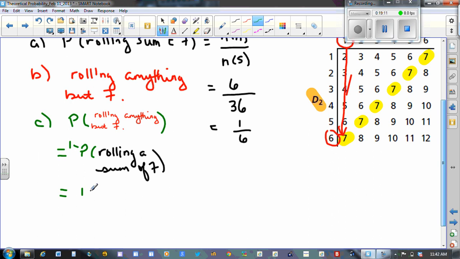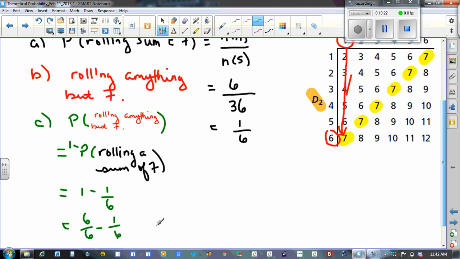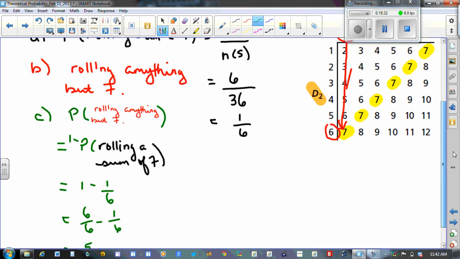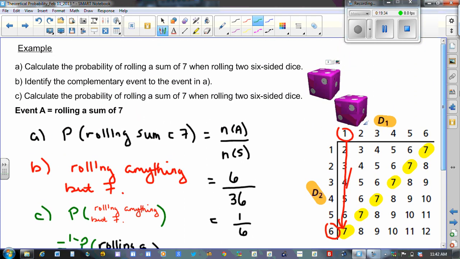So we'll go 1 minus 1/6, and a little fraction work tells us that'll be 5/6, which is 6/6 minus 1/6, which is 5 out of 6. So in conclusion, the probability of rolling anything but a 7 would be 5 out of 6.